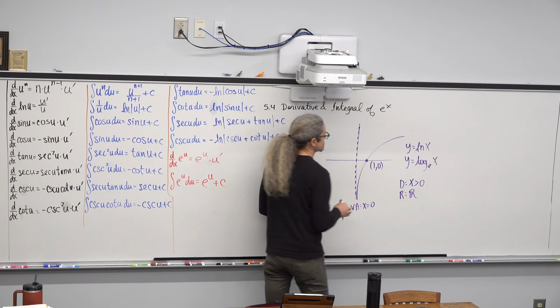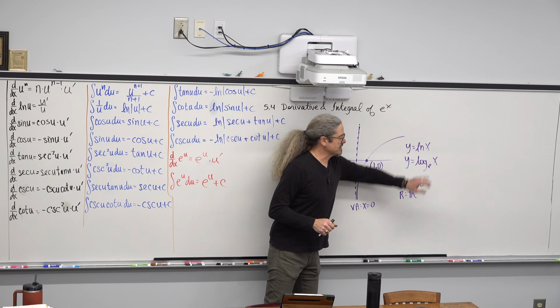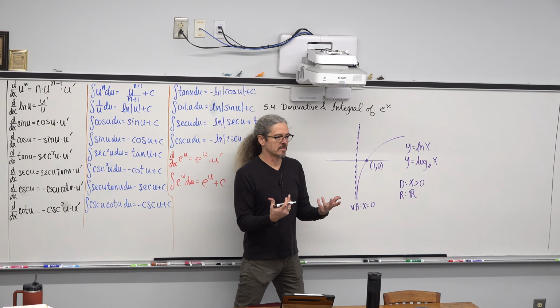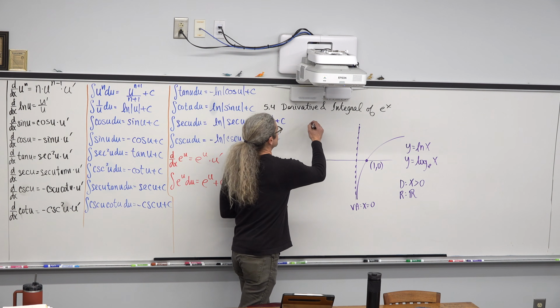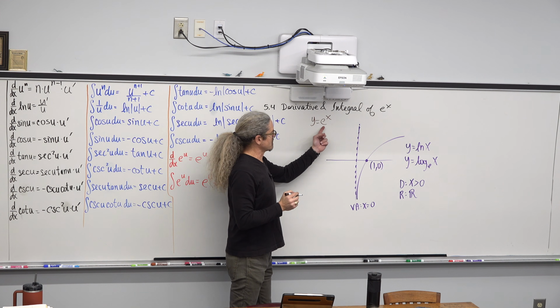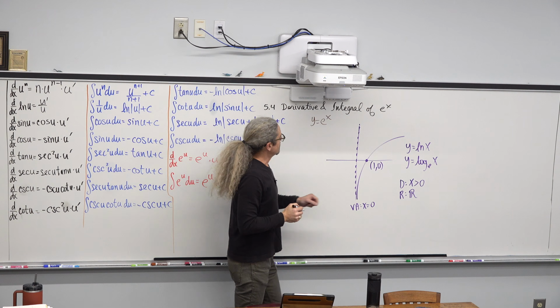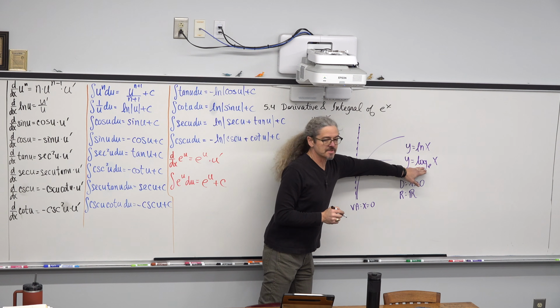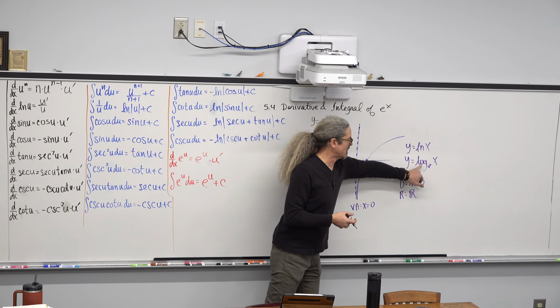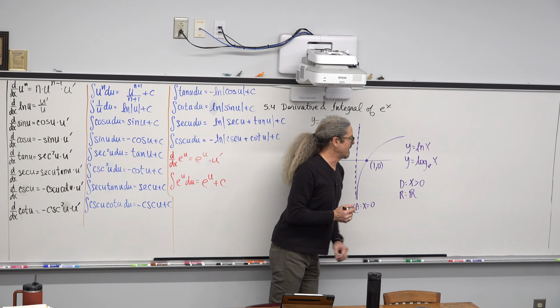Logarithms and exponential functions are inverse math operations, to hopefully remind you of that. So y is equal to e to the x is exponential growth with base e. That is going to be the inverse graph. It is the inverse function of y is equal to log base e of x.